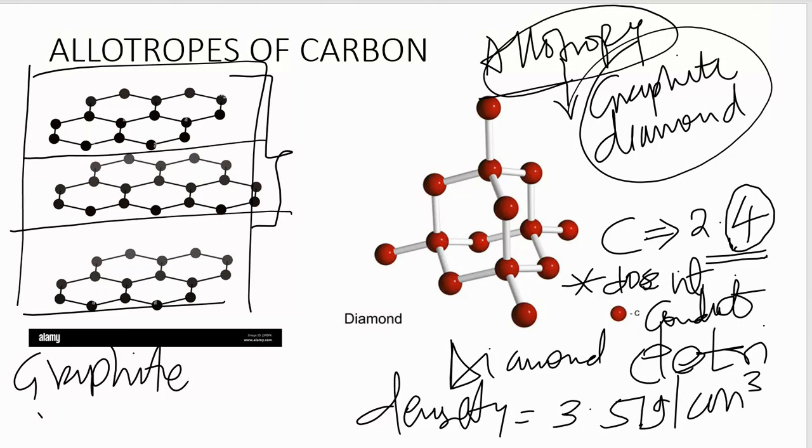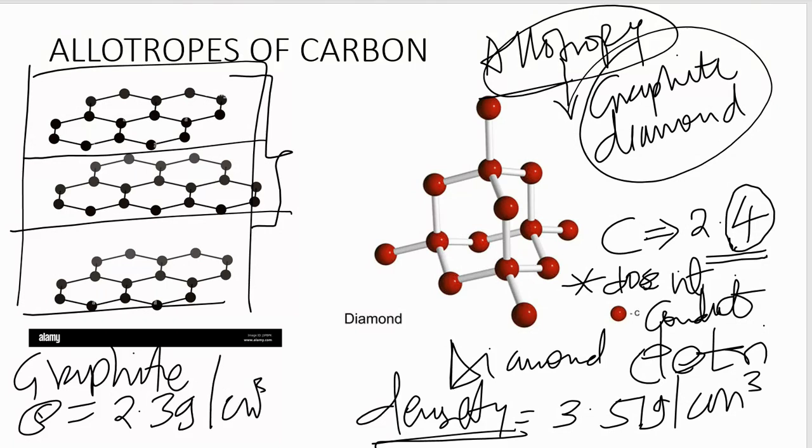Graphite has a low density compared to that of diamond. We talk of density being 2.3 grams per cubic centimeter, and this low density is due to the spaces between the layers. Remember, for diamond, it is closely packed. For graphite, it has layers. So the arrangement of the layers brings the point of it having low density.